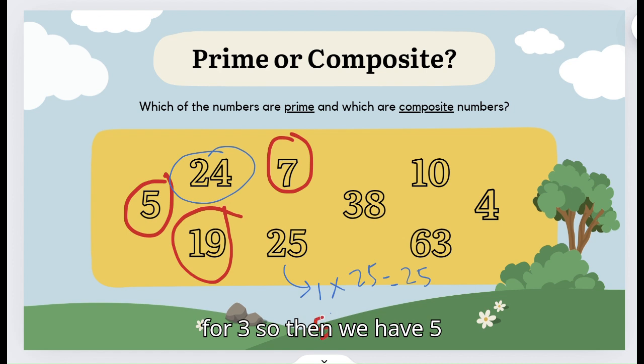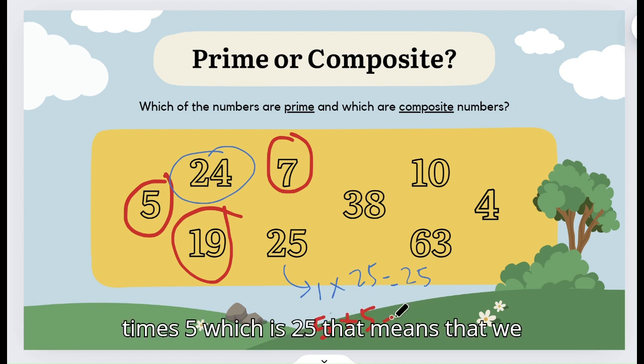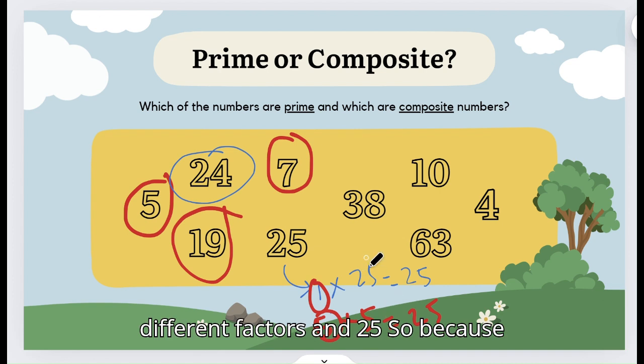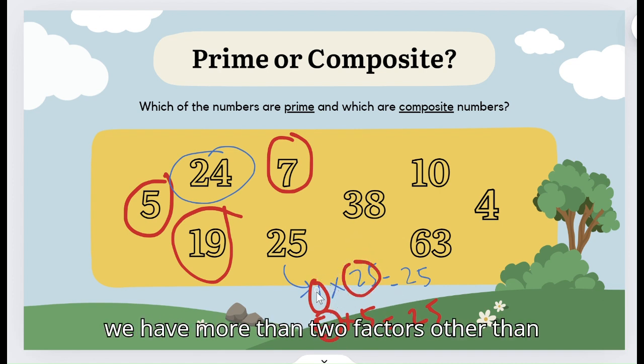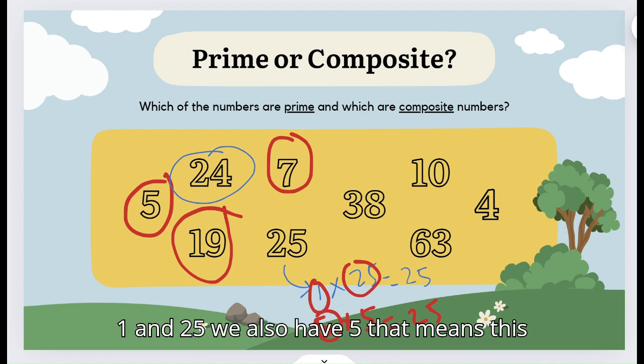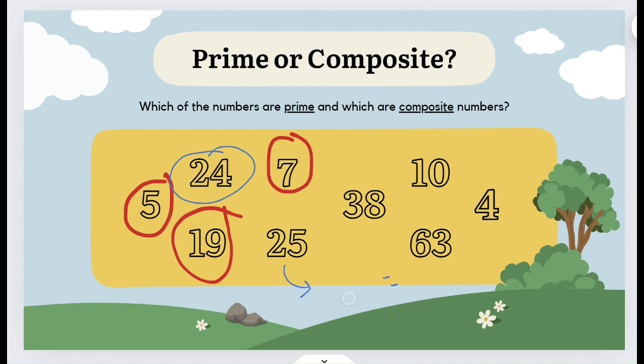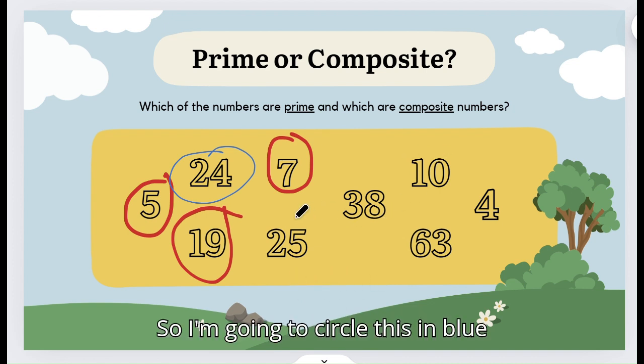That means that we have other factors: 1, 5, and 25. Because we have more than two factors, we also have 5. That means this number is going to be a composite number. So I'm going to circle this in blue.